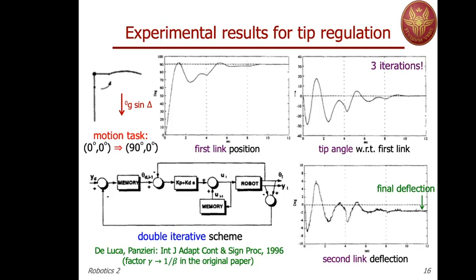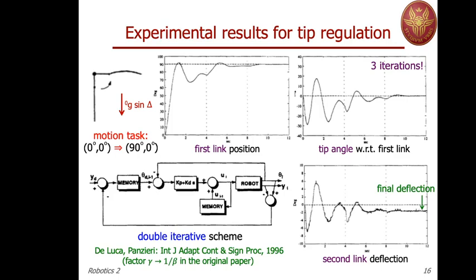And then the task was to move the first link to 90 degrees and have the tip angle at 0 degrees. So the flex arm would be deformed by the presence of gravity, but the tip would be at the same level as the prolongation of the first link, as if the robot had a second rigid link.